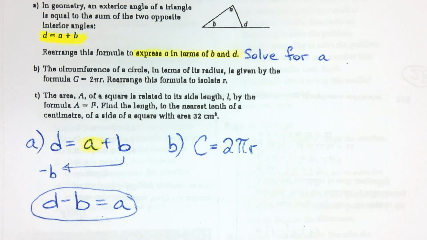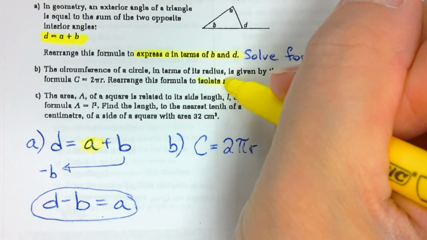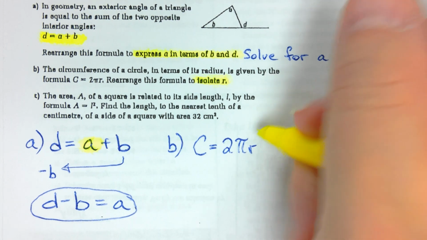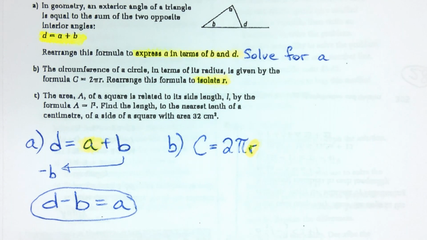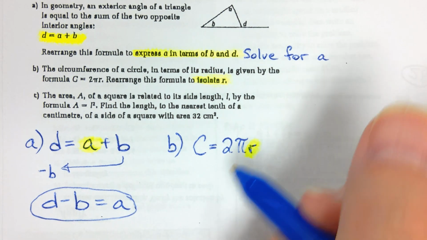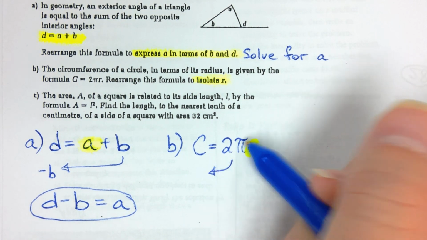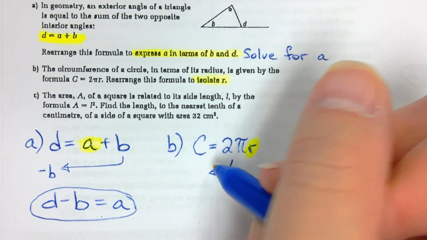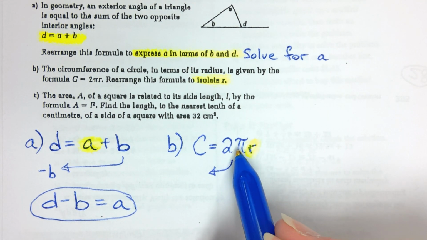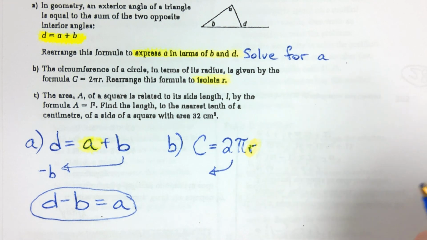But what if I don't want to solve for C? I want to solve for r. So the question is asking you to isolate r. So what does r equal? You can divide both sides by 2 pi. Yeah, so if I want r by itself, then I'm going to move away the 2 pi. How do I move it away? Well, it's 2 times pi times r. So the opposite of times? Division.